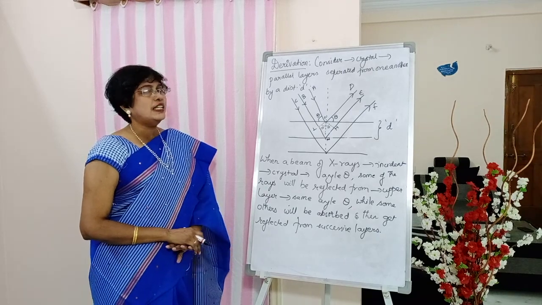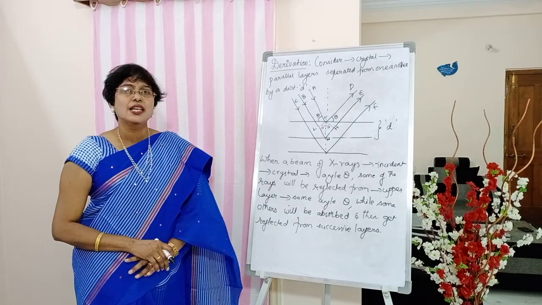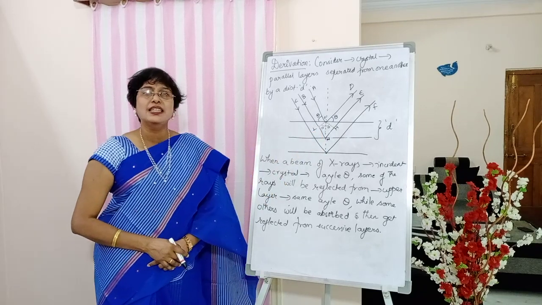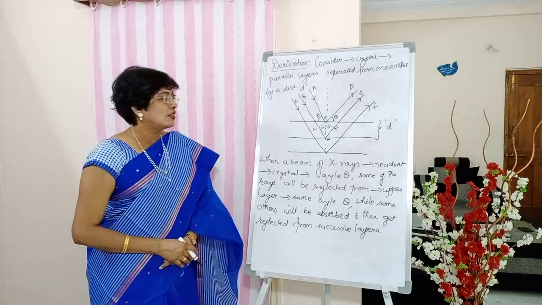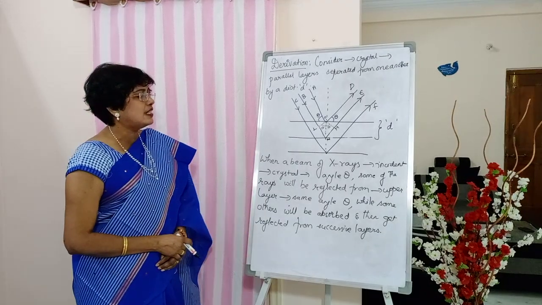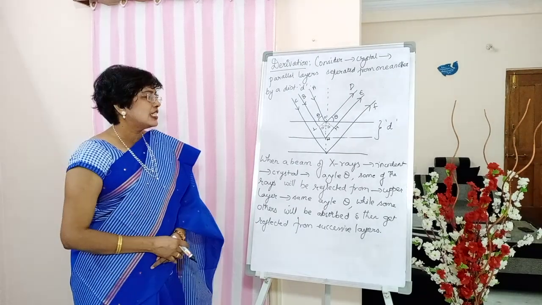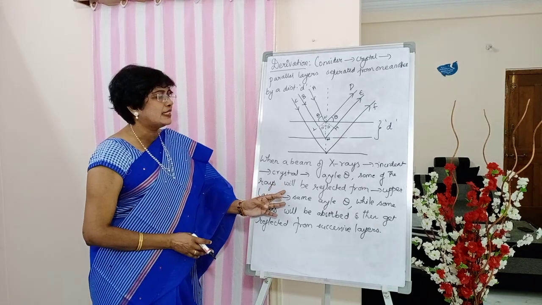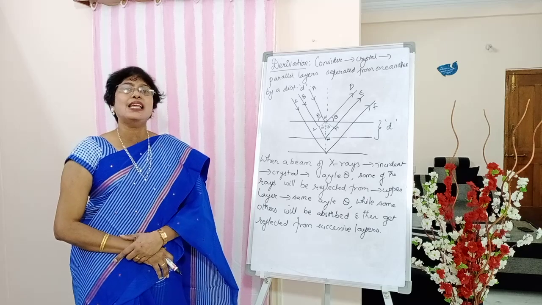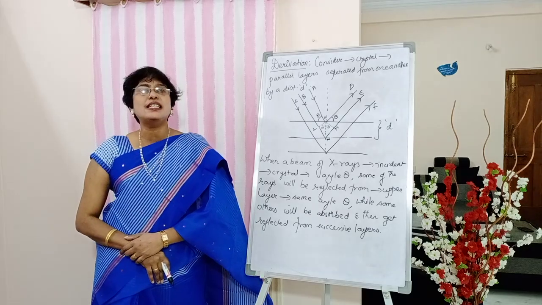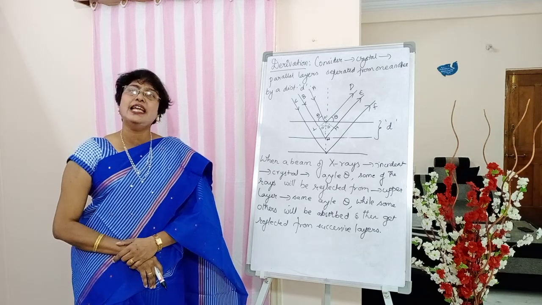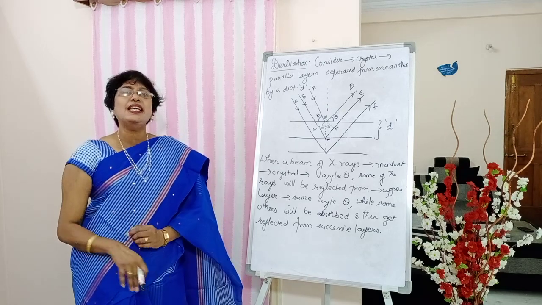Some of these X-rays, as you can see in the diagram, are reflected from here itself, D. So when a beam of X-rays is incident on a crystal at an angle theta, some of the rays will be reflected back from the upper layer itself at the same angle theta. There will be no change in the angle; the angle of incidence and angle of reflection are the same.